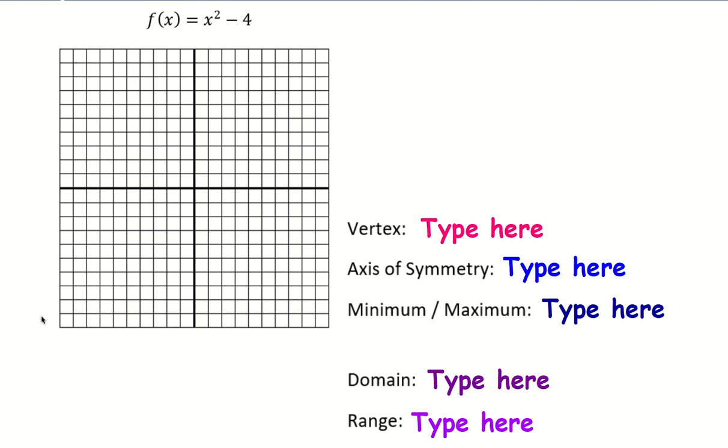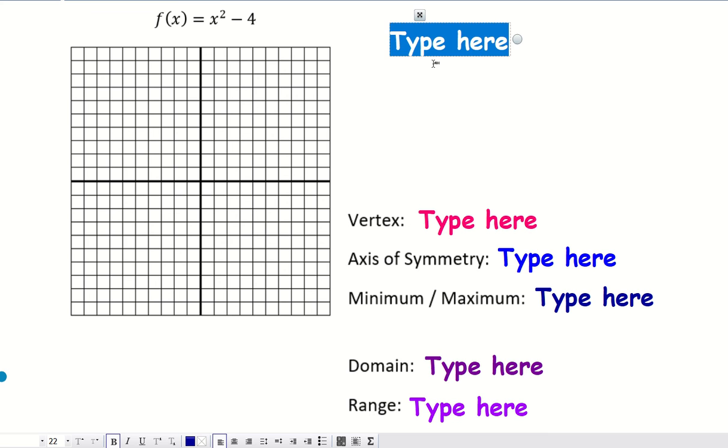Next example. Believe it or not, this equation is in vertex form.